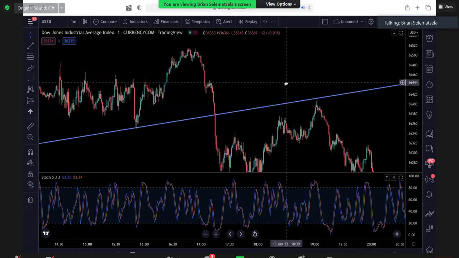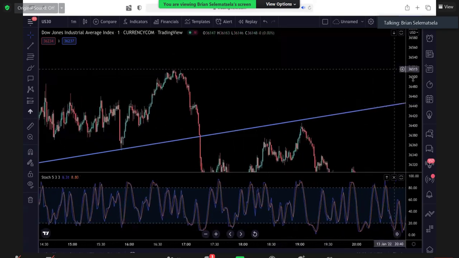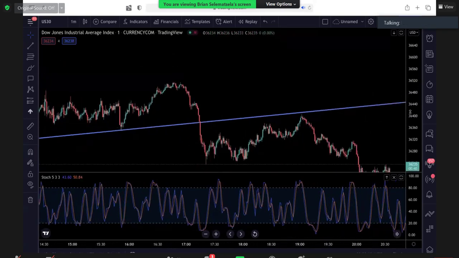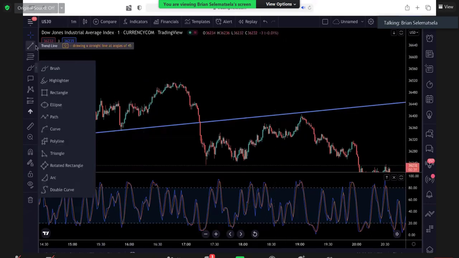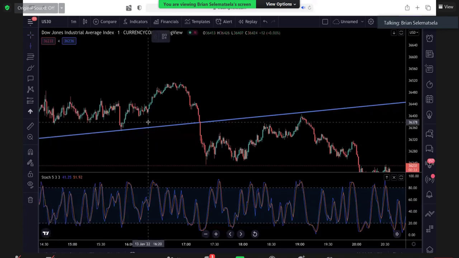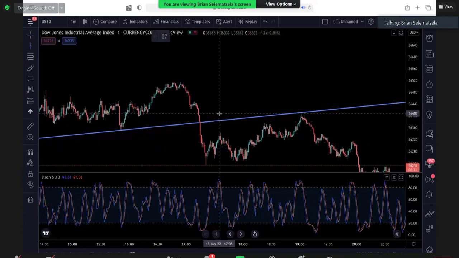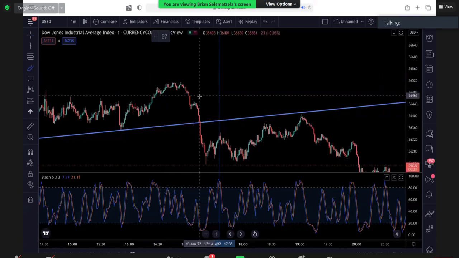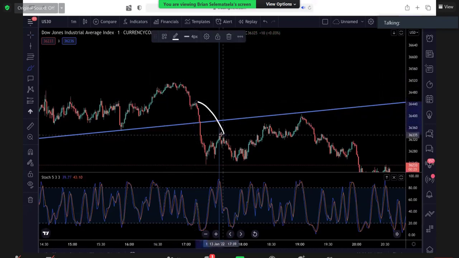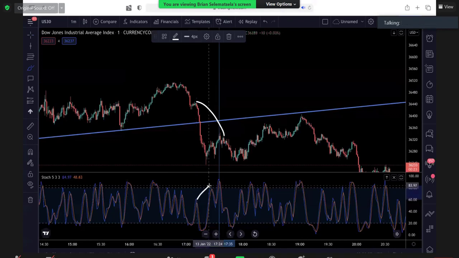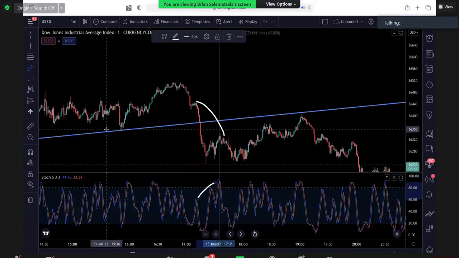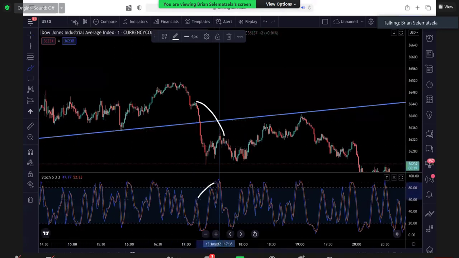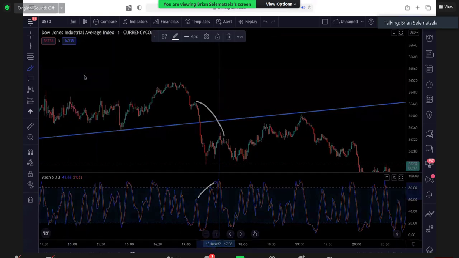So in this case, what you normally do, I'm going to draw a vertical line. And from that vertical line, you confirm on 5 minutes.